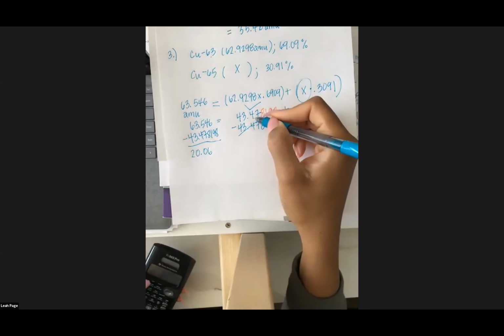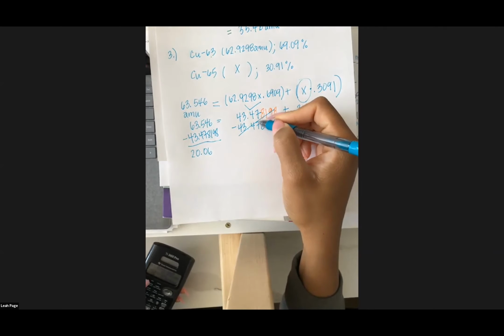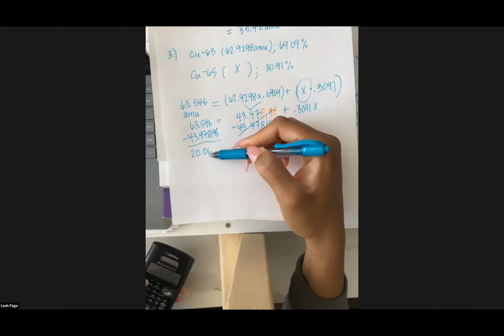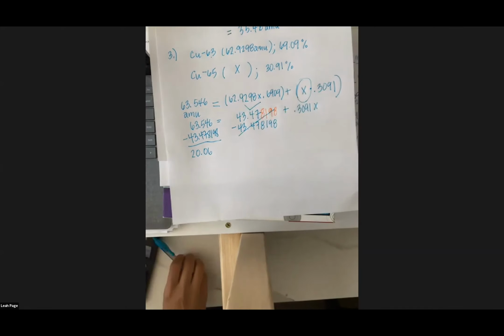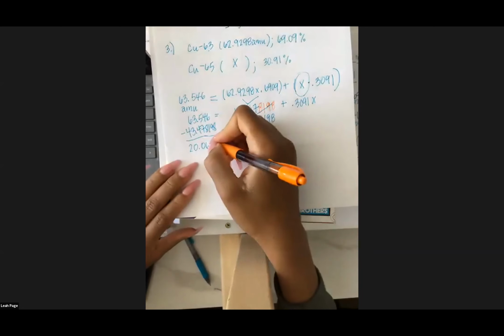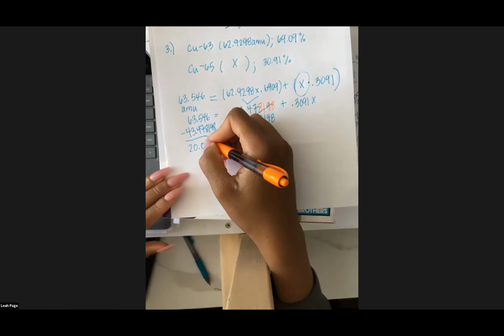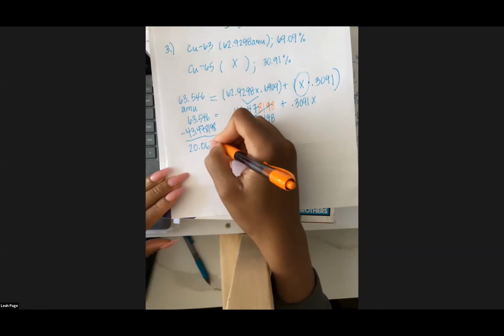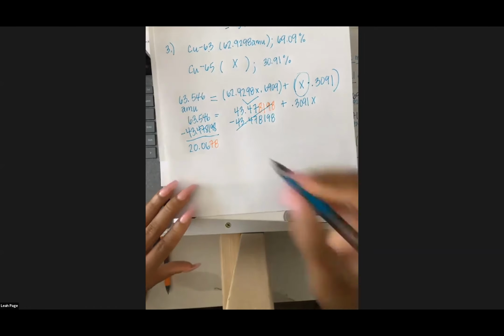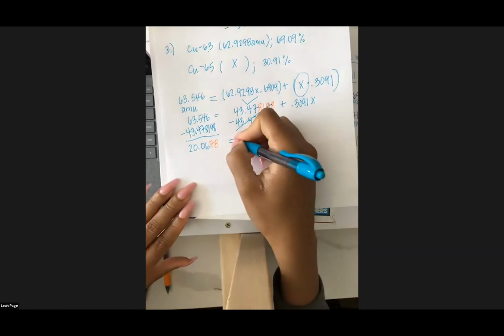So remember, this had 2 decimal places. When I subtracted it from both sides, this has 3 decimal places. So this answer still needs 2 decimal places. But once again, I'm not rounding it to the end. So this is 20.0678.